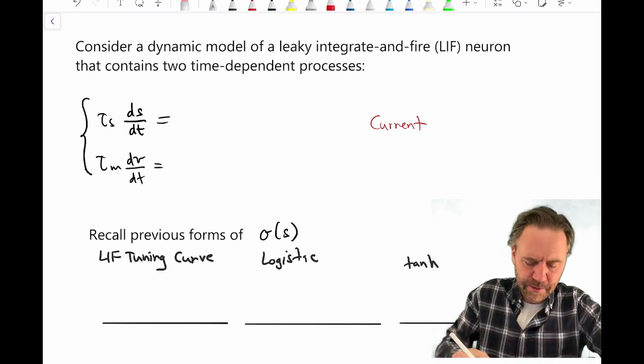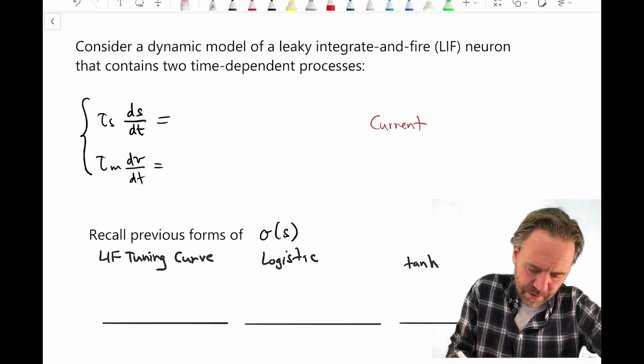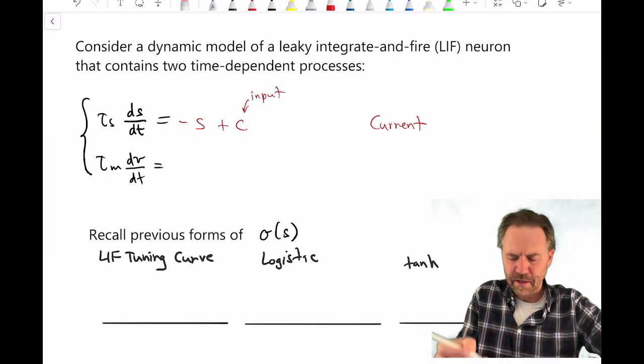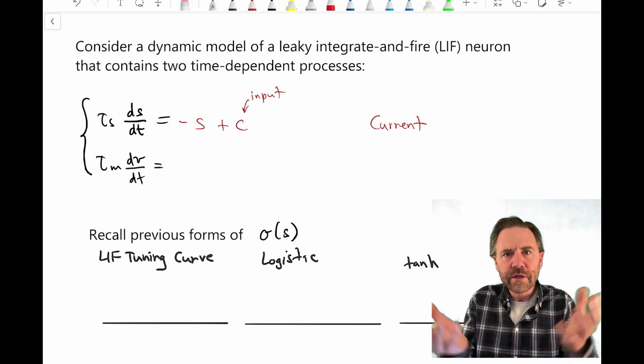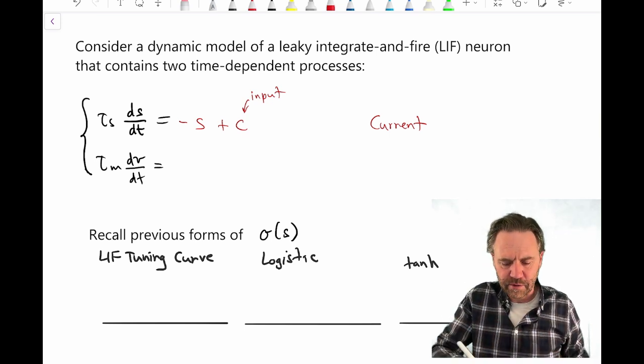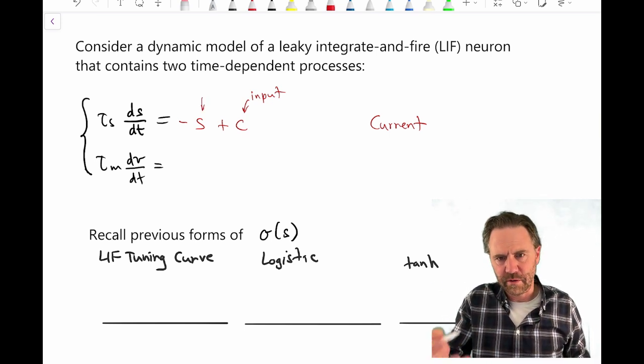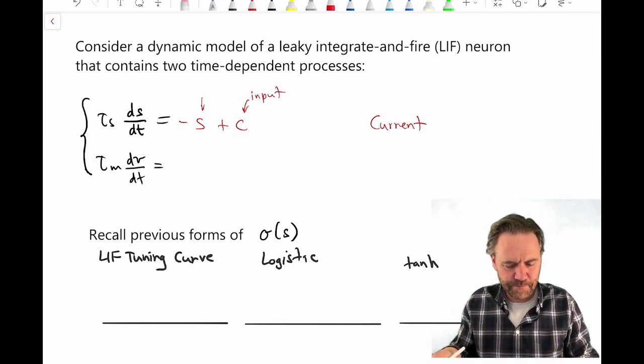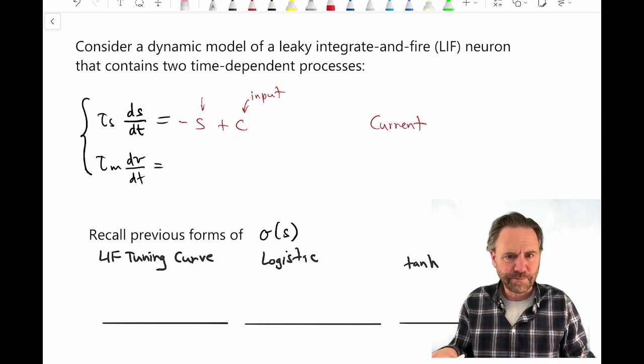So S is current, and the differential equation is basically take the input. The current is constantly integrating the input, but there's also this leak term, or it's not really a leak, it's basically a decay term.